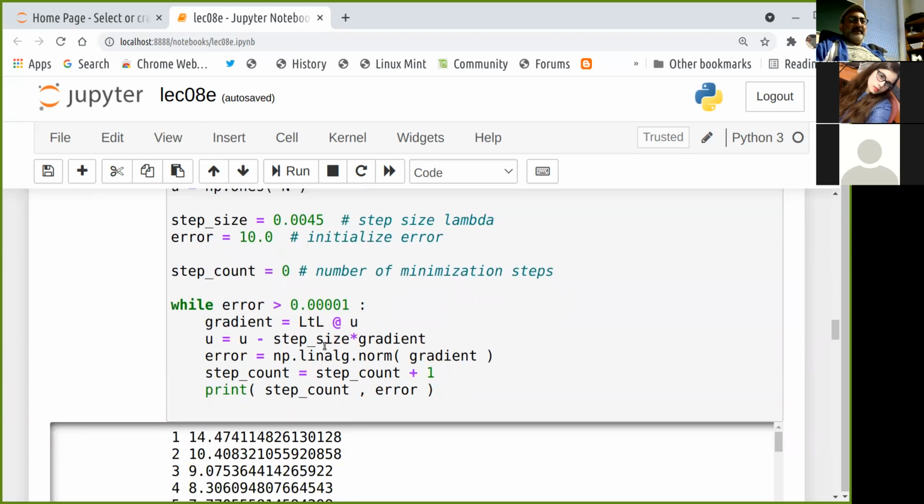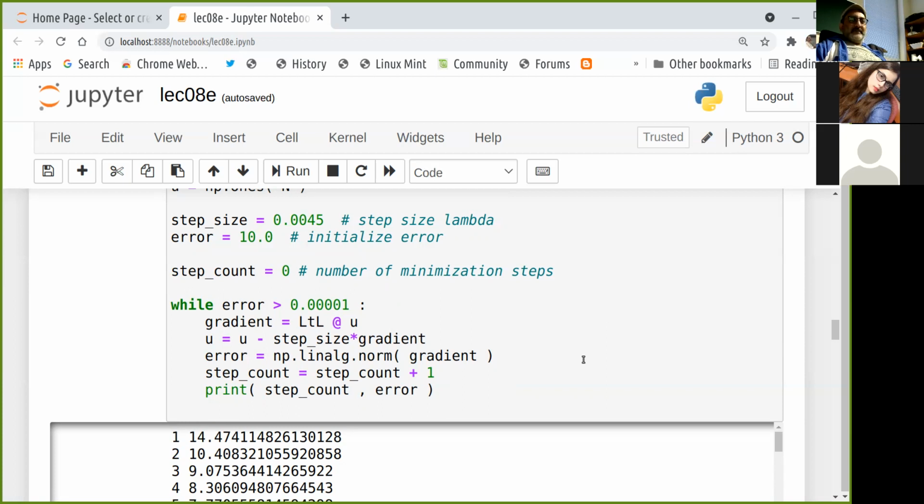So what's the gradient? The gradient is L transpose L times U, we said. So how do we optimize U? We take U and we subtract off the step size times the gradient. My condition will be the norm of the gradient. That lives in the linalg package inside of NumPy. So np.linalg.norm gives you the standard Euclidean norm for a vector.